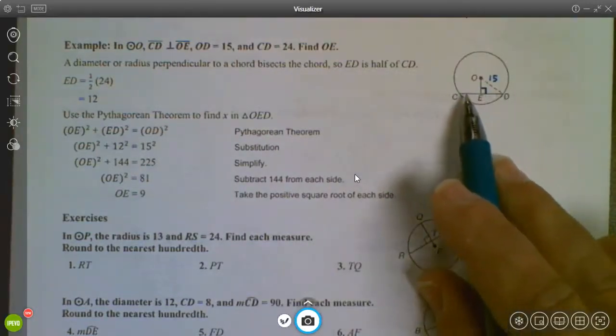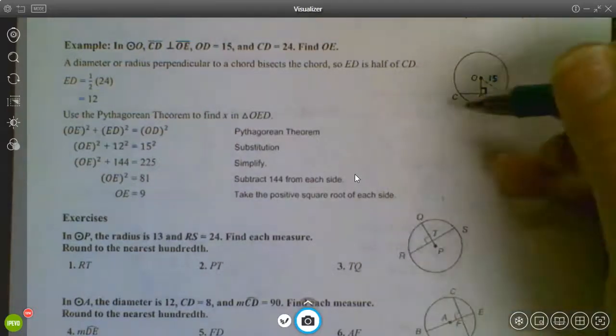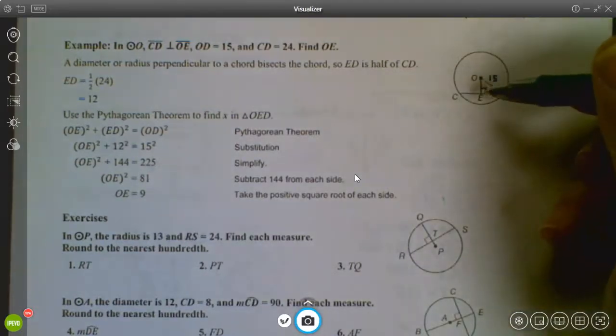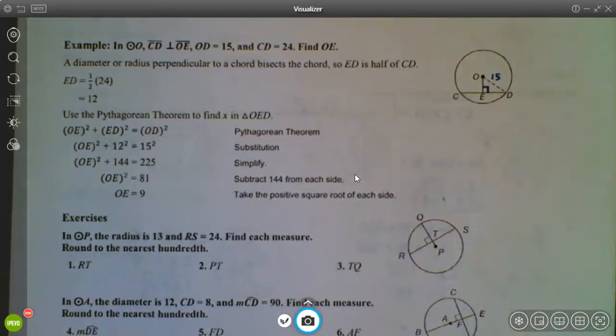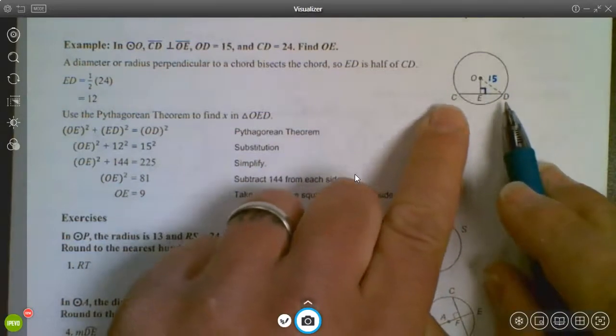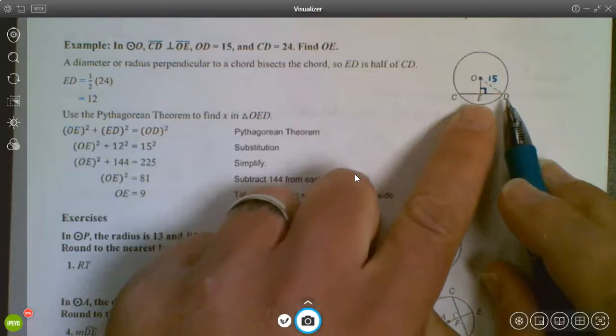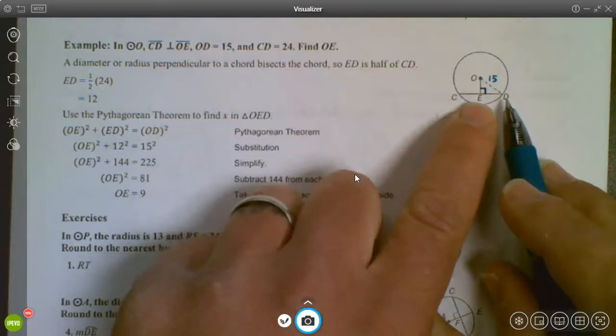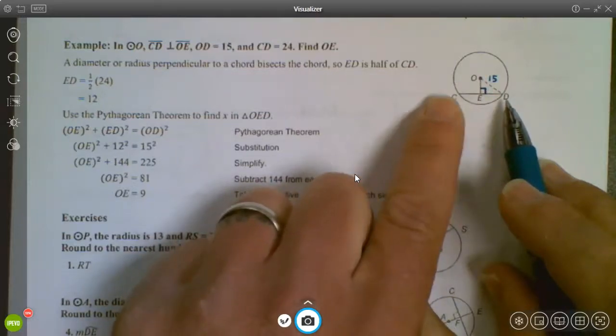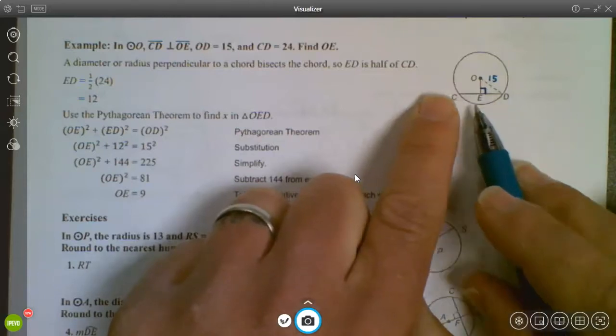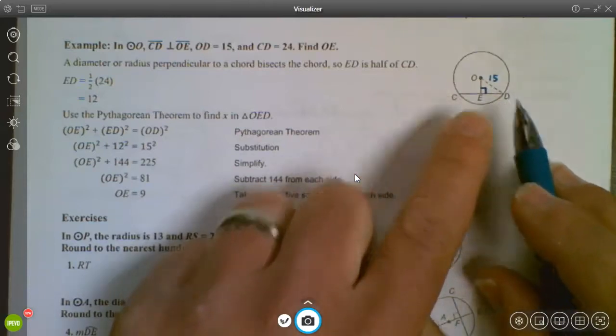Okay, here's what they want us to get out of this. Because OE is perpendicular to that chord, and obviously it comes from the center, that must mean that it bisected the chord. So CD just got cut in half, right? This guy is being bisected. So if the whole thing is 24, what does that make ED? It would have to be half, right? Because if the whole thing is 24, we break that up into 12 and 12.